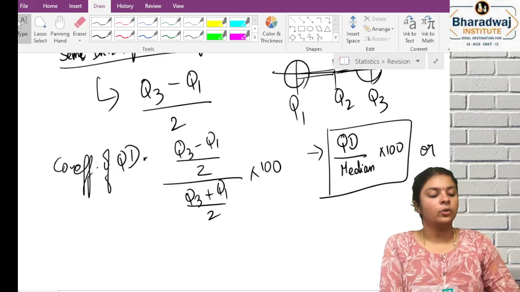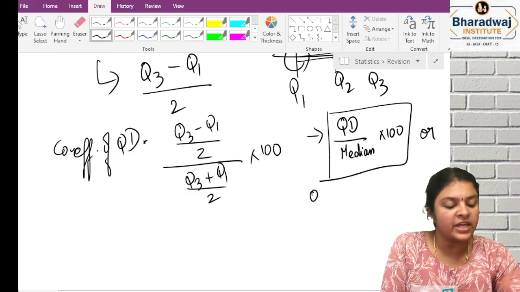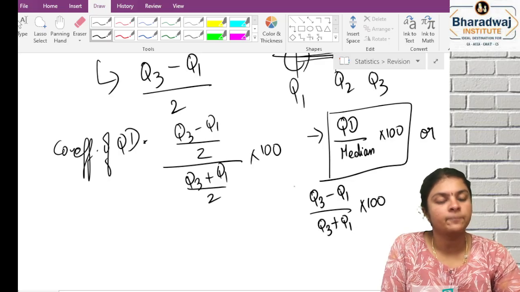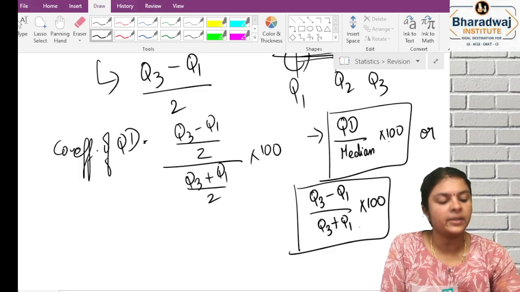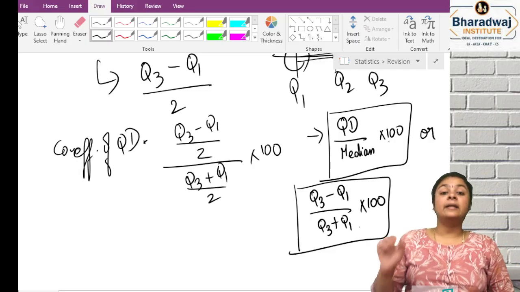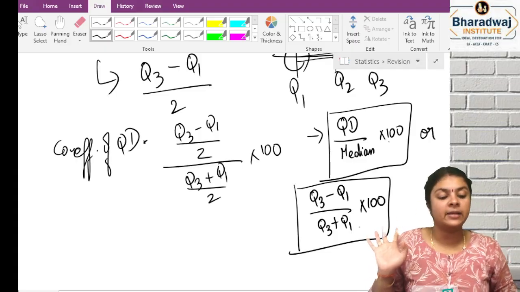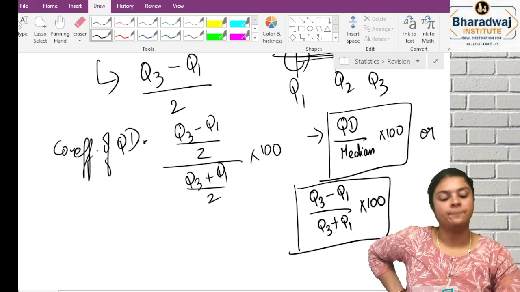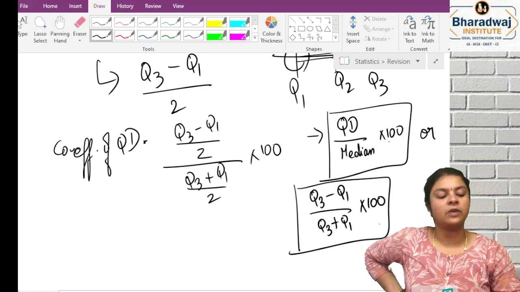Or you can also use the formula like we use for range: Q3 minus Q1 by Q3 plus Q1 into 100. You can use either the first formula or the second formula depending on what data is available in the question. If they have given deviation and median, you can use this formula. If they have given Q1 and Q3, you can use this formula.